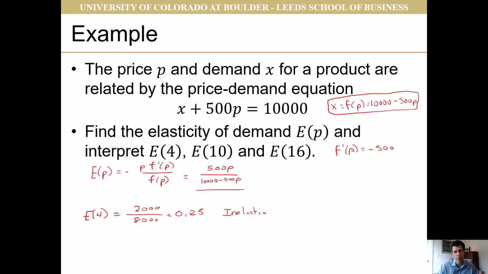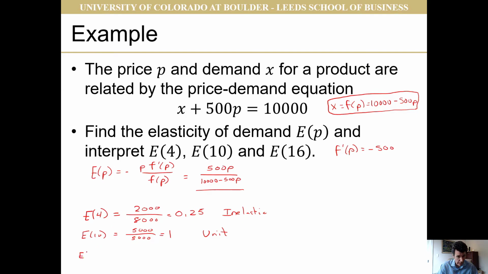If we increase prices from 4, we're going to increase revenues. E of 10 is 500 times 10, which is 5,000, divided by 10,000 minus 5,000, which is also 5,000, which is 1. So this is unit demand, which means that when prices increase, revenues don't change.